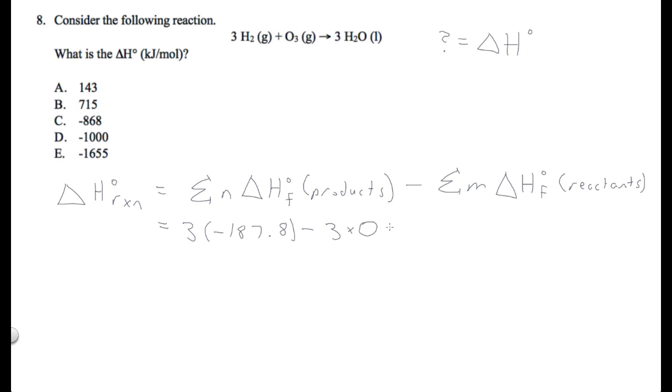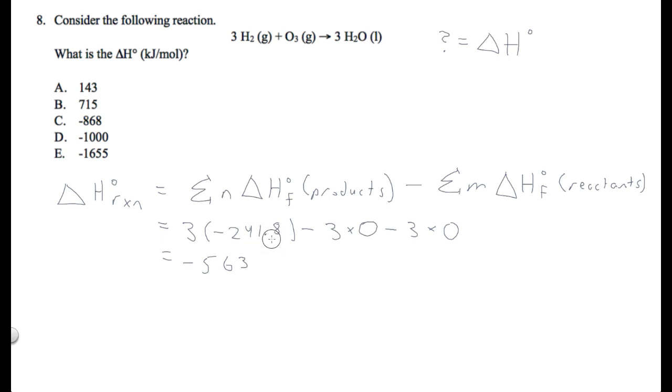Oh, actually minus 0 as well. So it'd just be 3 times negative 187.8, which gives us, where did this come from? Oh, sorry, negative 241.8. Negative 241.8. And that gives us, well, hold up.